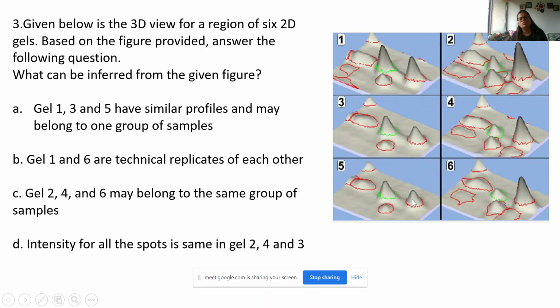Does anyone want to comment on this? Do you think 2, 4 and 6, that is these three images, belong to the same group of samples? Can you interpret it by seeing the gel image?